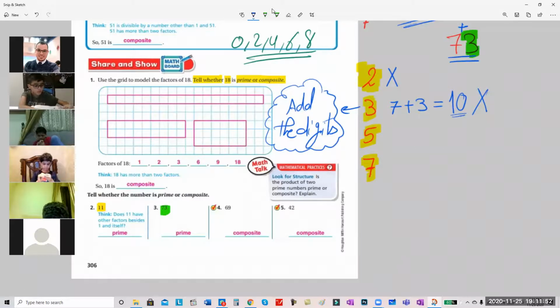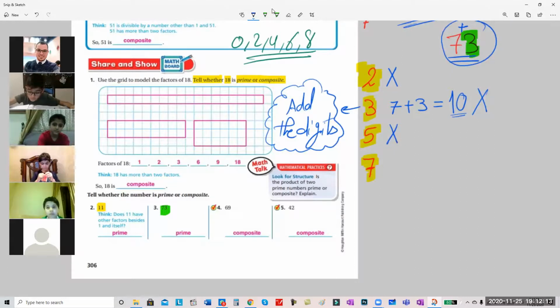The ones place should be 0 or 5, right? So do you think the ones place of 73 is 0 or 5? No. So we can't divide it by 5. It's very simple.